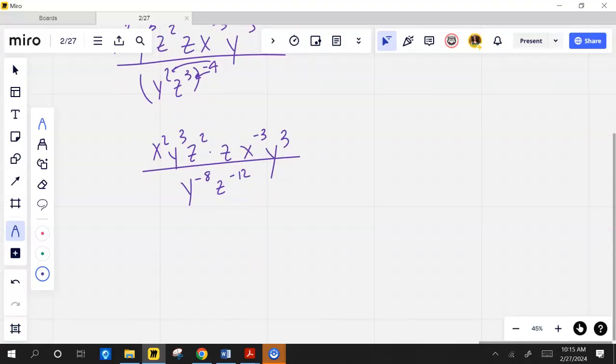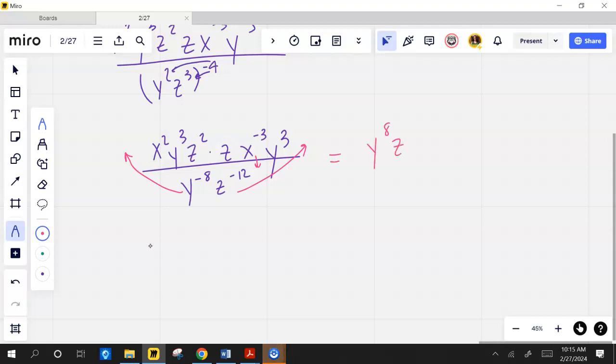Want to start flipping? Okay, so if I start flipping, this is going up, this is going up, but this one's going down. Agreed? Okay, so I end up with y to the positive 8.